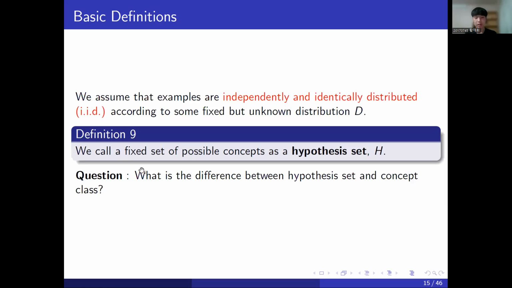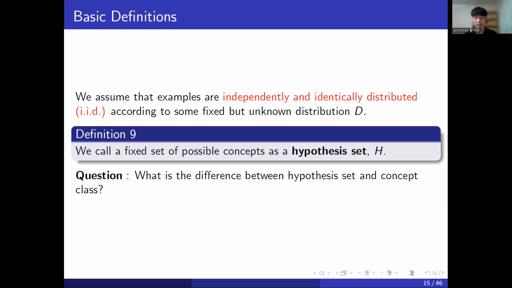And assume that examples are independently and identically distributed, which is called IID, according to some fixed but unknown distribution D. This might also be confusing, but intuitively, this definition is like independent variables in probability theory. In other words, you can think that this is similar to mutually independent variables.